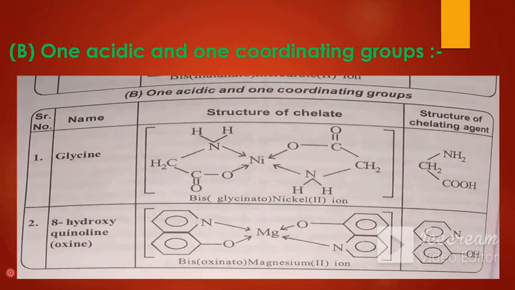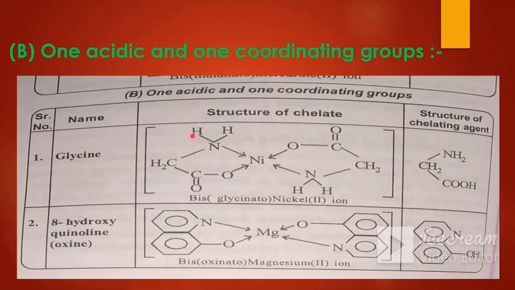Now B, subclass B, that is one acidic and one coordinating group. Here the first example of this subclass is glycine. Glycine also contains one acidic and one coordinating group. In the structure of glycine, there is one acidic group, that is COOH, and one coordinating group, that is NH2.